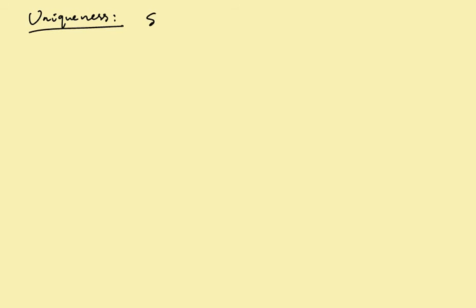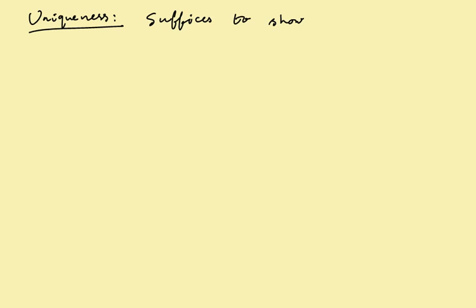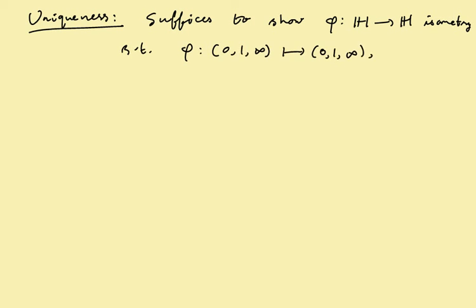It suffices to show, again by using compositions, that suppose phi maps, of course, H to H, an isometry, such that it sends the triple 0, 1, infinity to 0, 1, infinity, then phi actually is equal to the identity.